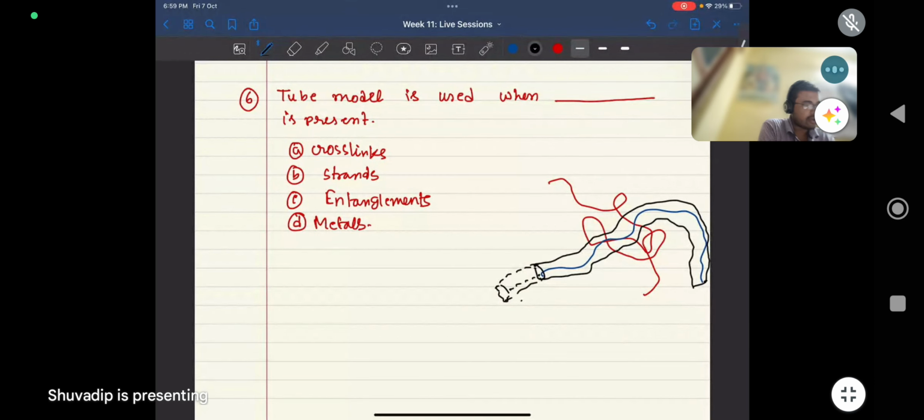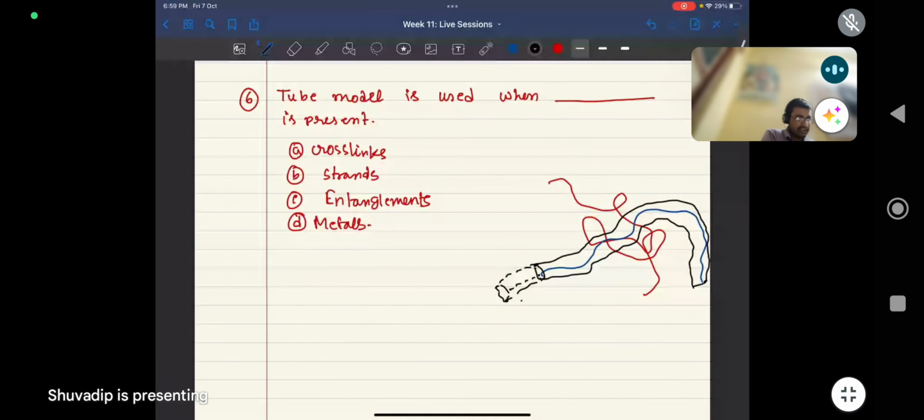So using this, this polymer basically rotates inside this tube, and the movement of the polymer is allowed only along its length. So using this idea, we can study the dynamics of polymers where these polymers are entangled.